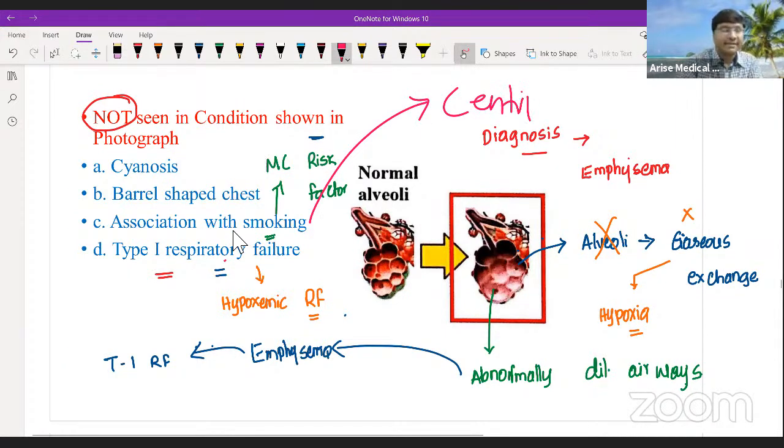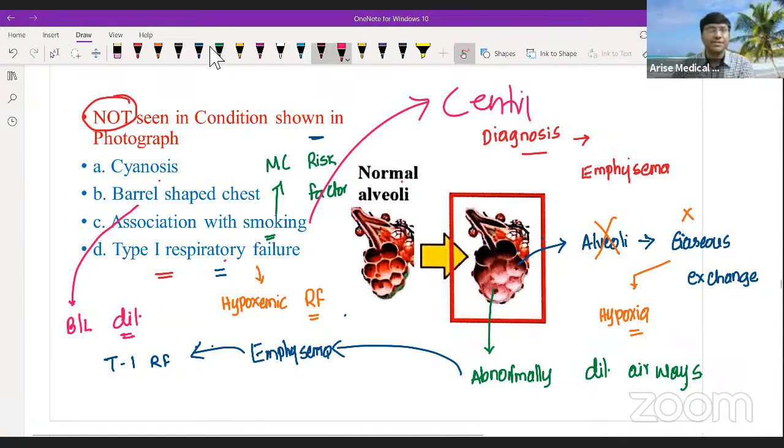You will see the development of centriacinar emphysema, and in these patients both the lungs are abnormally dilated. Because both the lungs are abnormally dilated, the chest will be bilaterally dilated, the barrel shaped chest.